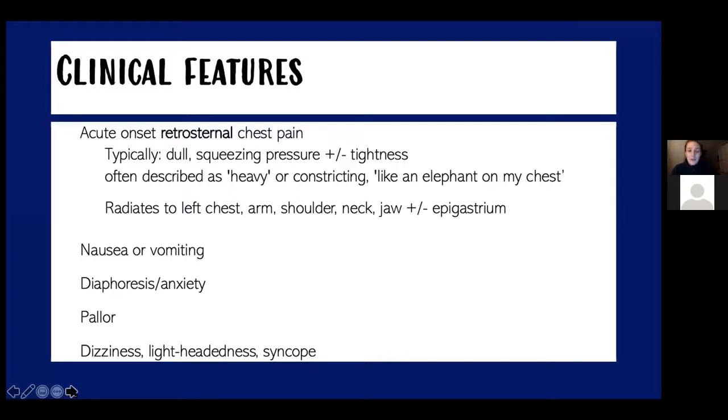Then you get radiation to the left arm, up to the neck, into the jaw, and sometimes it could even be epigastric. You also get autonomic symptoms associated, so nausea and vomiting. They can be sweaty, they can appear really anxious, even agitated, and they could be lightheaded, fainting, feel a little bit dizzy, a bit out of it.